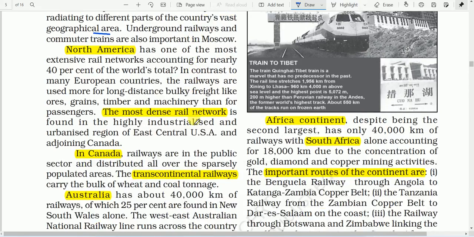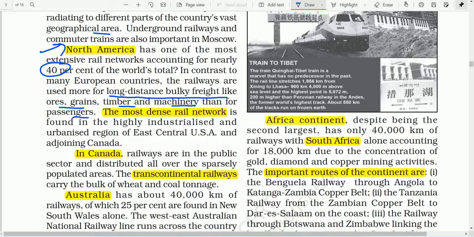Then in North America, North America has one of the most extensive rail networks, accounting for nearly 40% of the world total. In contrast to many European countries, railways are used more for long distance, bulky freight like ores, grains, timber, machinery than passengers.